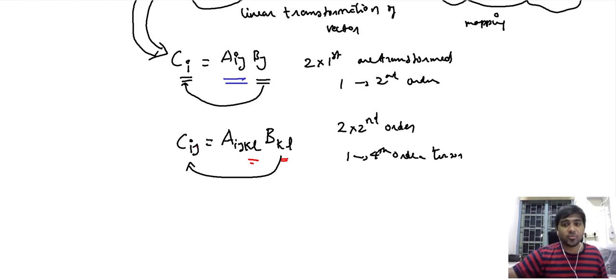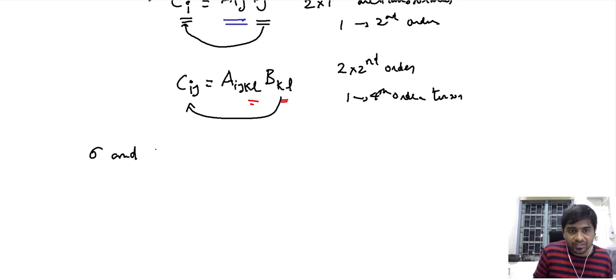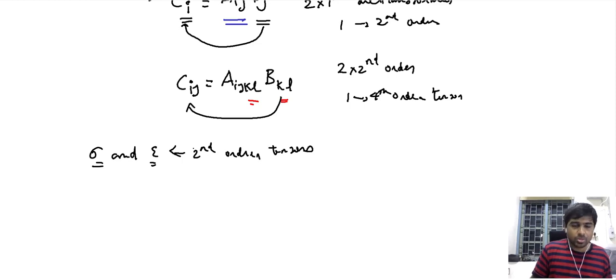Now the reason why we are interested in the transformation of the second order tensor is because the relevance of this operation is huge in materials research, because both stress and strain are second order tensors.